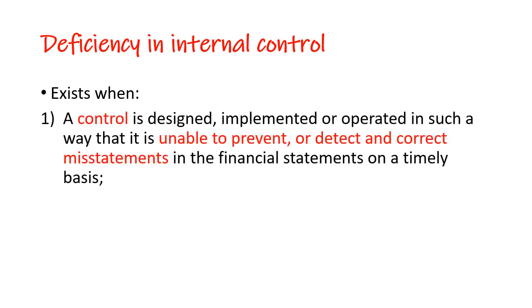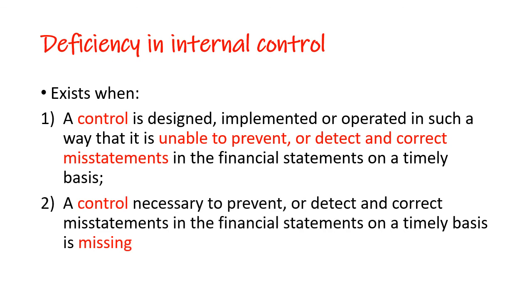Okay, now we have the deficiency in internal control. So it happens, or it exists, when a control is designed, implemented, or operated in such a way that it is unable to prevent or detect and correct misstatements in the financial statements on a timely basis. So a control necessary to prevent or detect and correct misstatements in the financial statements on a timely basis is also missing.